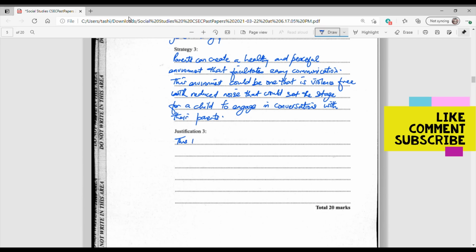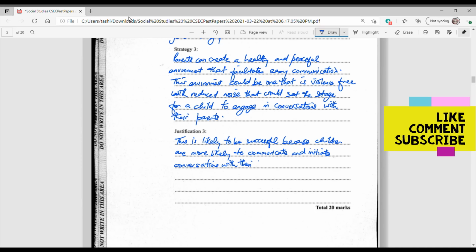So this is likely to be successful because children are more likely to communicate and initiate conversations with their parents if they are not fearful of the outcome.